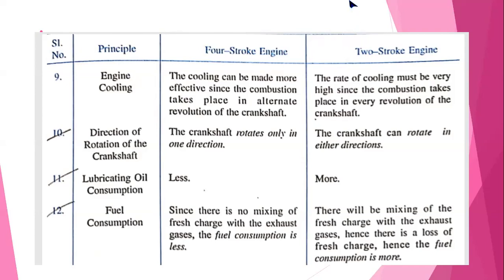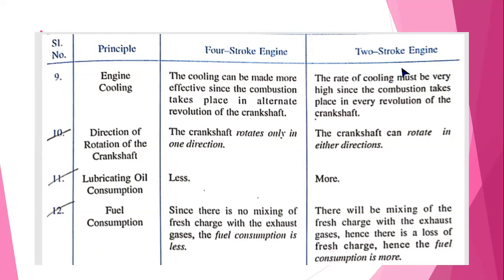So in a four-stroke engine and a two-stroke engine, the difference is that usually four-stroke engines use a radiator for cooling the engine. That is nothing but circulation of coolant throughout the engine and removing the heat from the engine by circulating the coolant. That is the cooling of the engine by coolant.